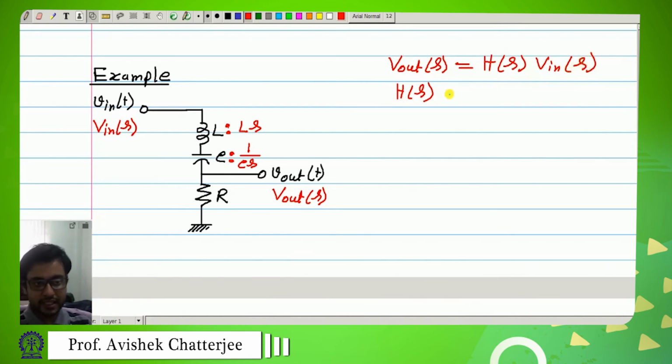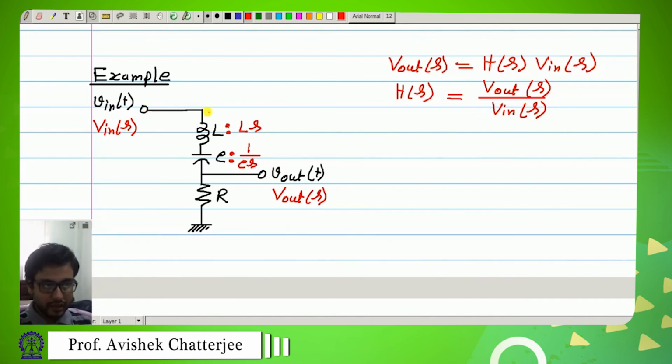So H(s) can be written as V out(s) by V in(s). So we have to find this ratio.